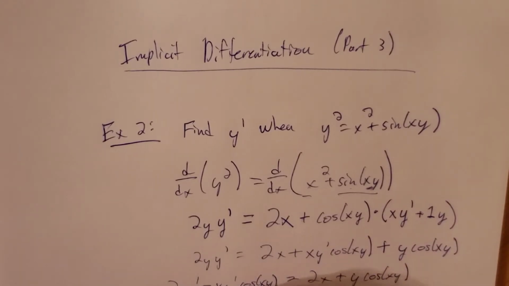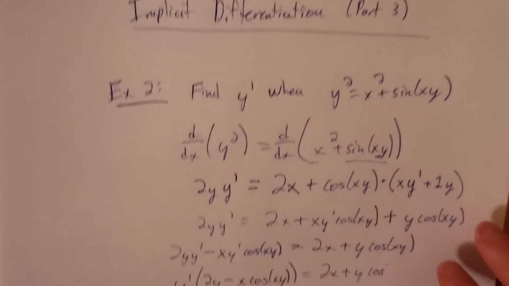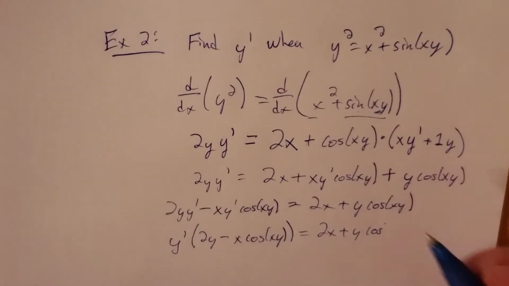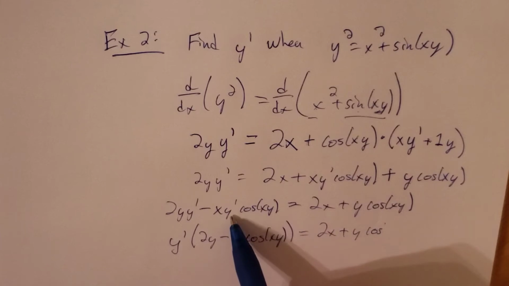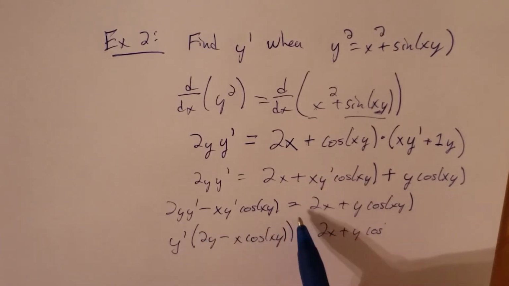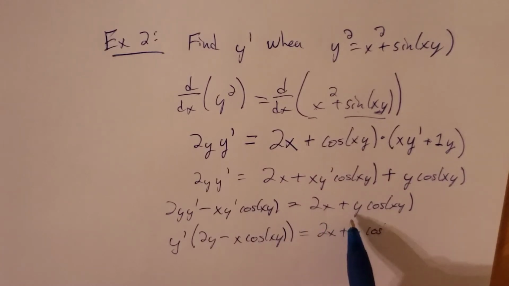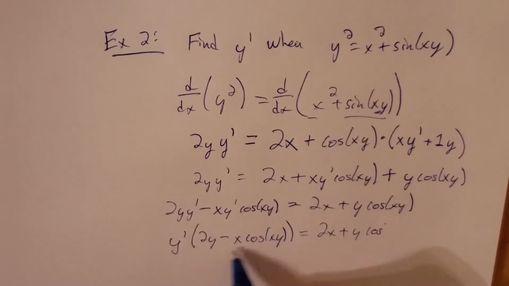Factor out a y prime. So all we did here was we moved everything with the y prime in it over again, and everything without a y prime we put over to the right, and factored out a y prime here.